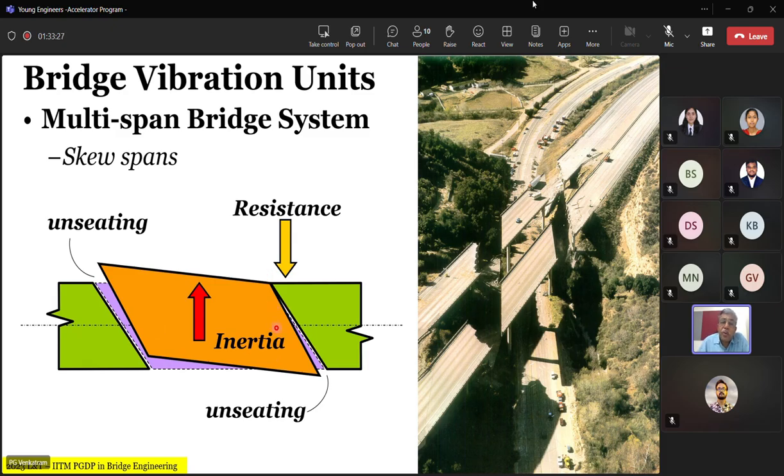But if you have a skew, the inertial mass distribution also changes, and therefore the transverse deformation characteristic changes, and it can lead to pounding in one place and unseating in another. This is one more reason why in seismic zones you should try to avoid skew bridges as far as possible. There might be circumstances wherein you cannot avoid it, but in high seismic zones, please avoid generating skew spans. Try to get right spans as far as possible.